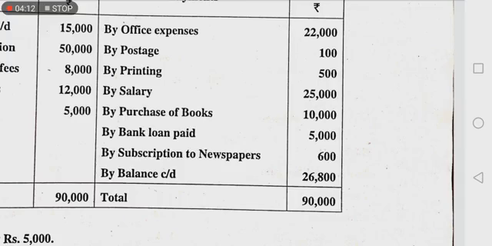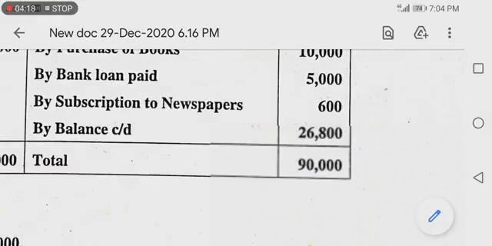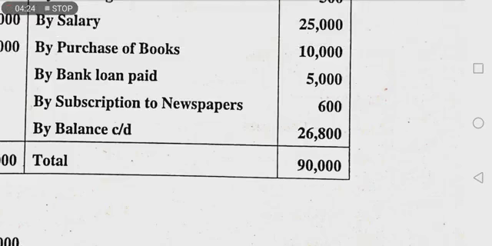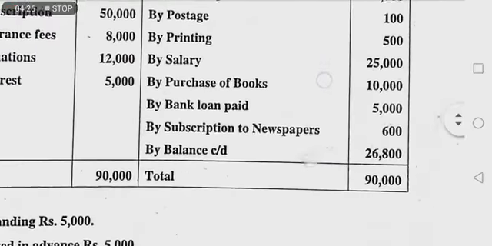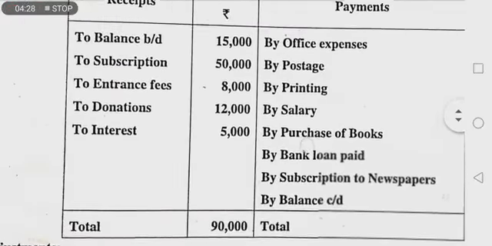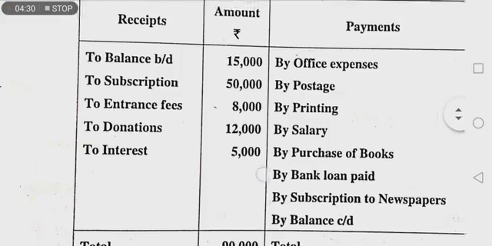And at the end of the payment side, they have given balance carried down 26,800. This is the closing balance for the current year. The closing balance at the office, the cash balance at the office, is the balance carried down.